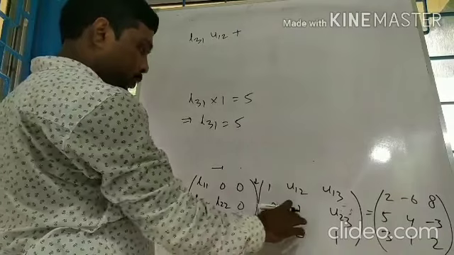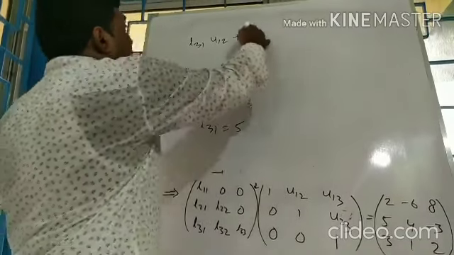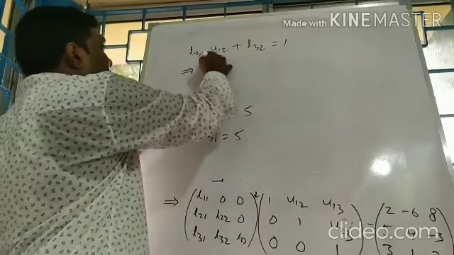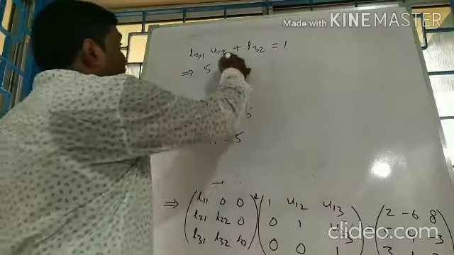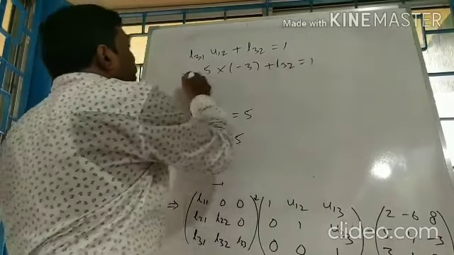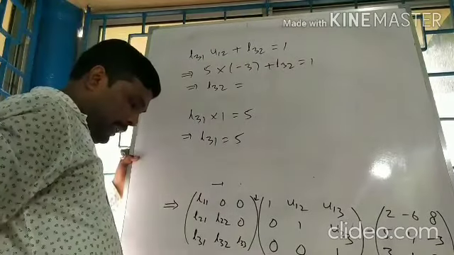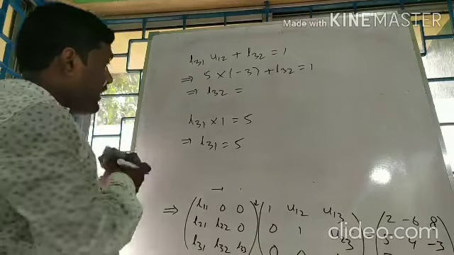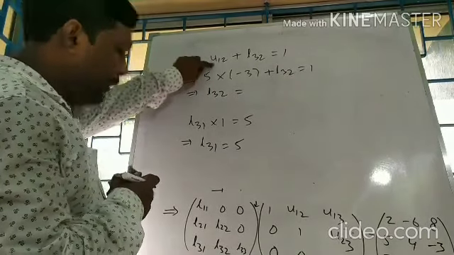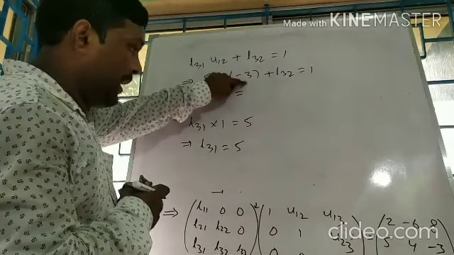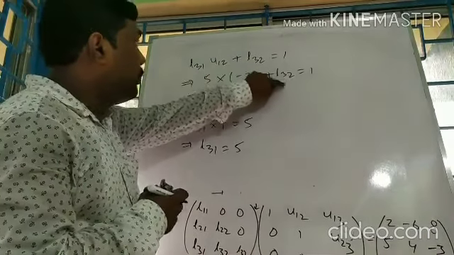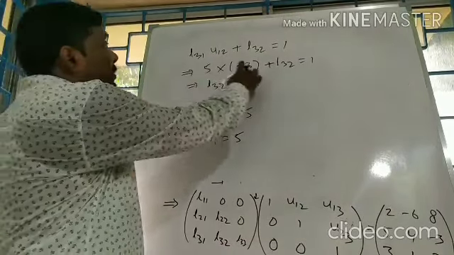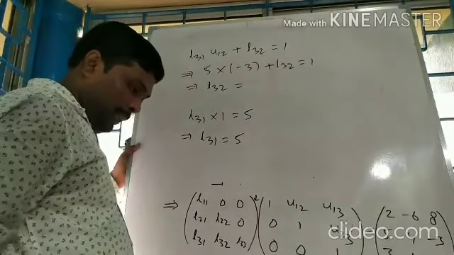L31 into U12 plus L32 equals 1. L31 is 5, U12 is minus 3, plus L32 equals 1. So it is minus 15 plus L32.